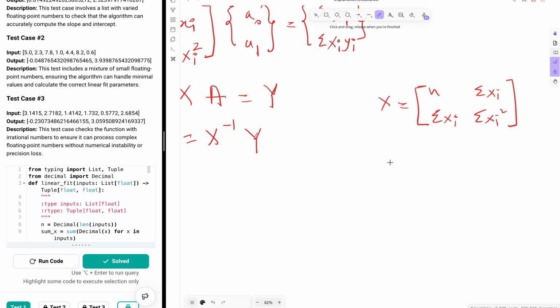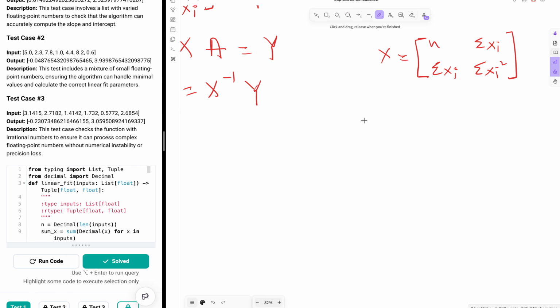We know the inverse of any matrix is nothing but the adjoint of that matrix divided by the determinant of that matrix.